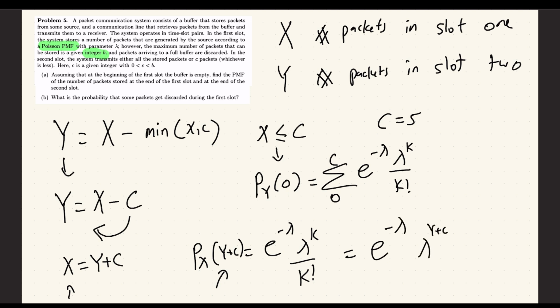Here it's supposed to be small y, so we can say Y plus C. Here, our Y, K, it really doesn't matter. And this sums up all the way from 1 all the way up to B minus C minus 1.